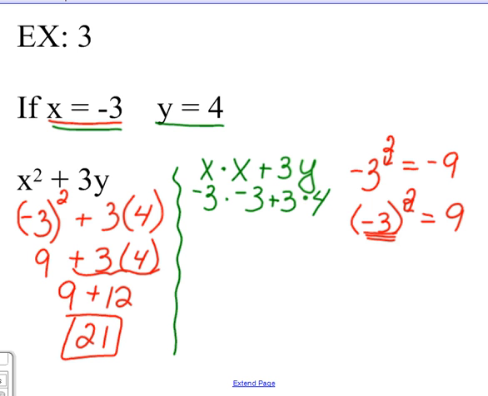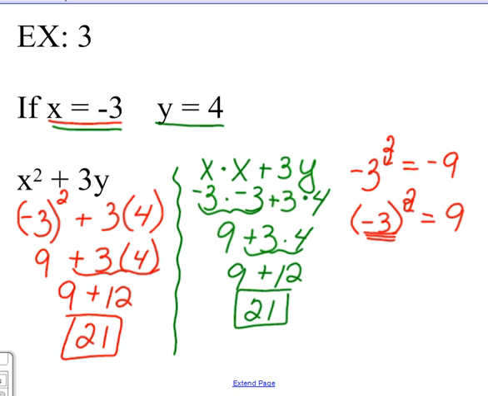And then you can go ahead and follow PEMDAS. Multiplication, bring everything else down. Multiplication, bringing everything else down, and you get your answer. So if it helps you to write the exponent out instead of as an exponent, writing it x times x and then substituting, you can do that method as well.